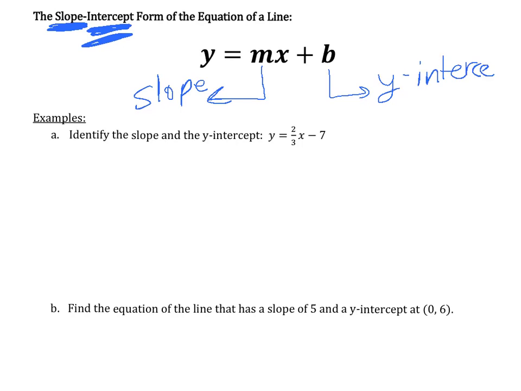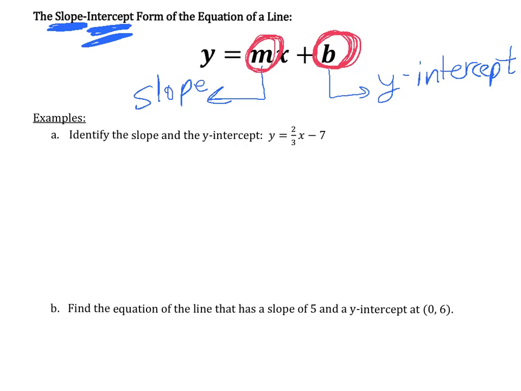And so if I look at the equation of a line that's solved for y, I can explicitly see right there in my face what the slope of that line is and what the y-intercept of that line is. Let's look at some examples. In part A, it says identify the slope and the y-intercept. Well, if you look at this example up here, whatever is multiplied in front of that x is your slope, m, and whatever number is sitting out there on the outside that's not multiplied by x is your y-intercept.